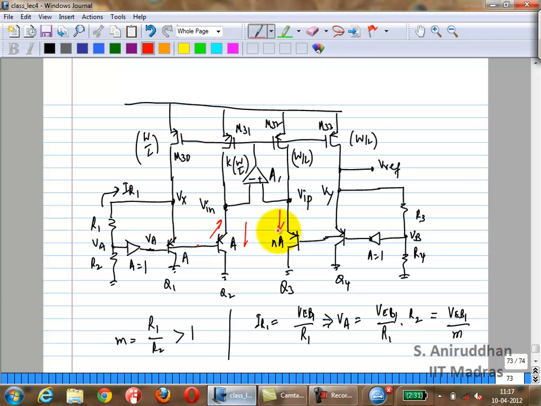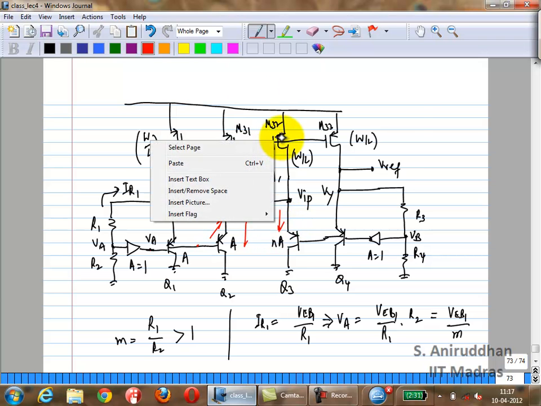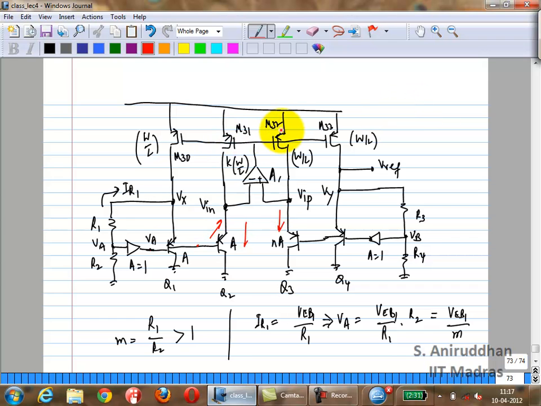That is of course a prerequisite. That's why we made sure this was some K times this, right? Because you want to make sure the currents are not equal so that you have a delta VB across Q2 and Q3. Otherwise, if the two currents are equal, this will just become VEB again over M, right?